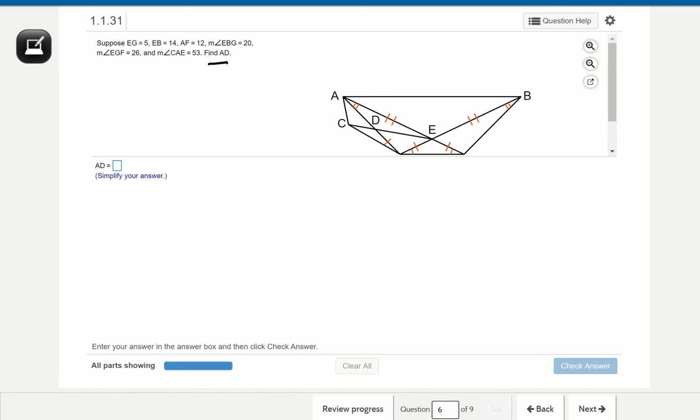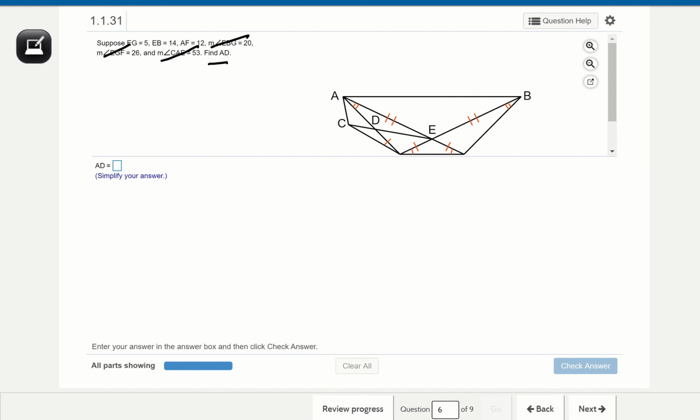If we're looking for AD, then that means we need anything that involves distances, okay? So I'm gonna automatically ignore angles because I don't really need angles to find the distance of that line segment, if that makes sense. That's extra information. So anything involving angles, I'm just gonna toss out automatically.